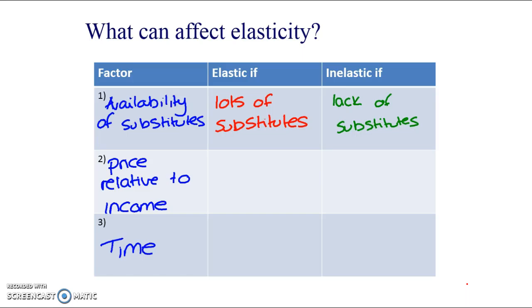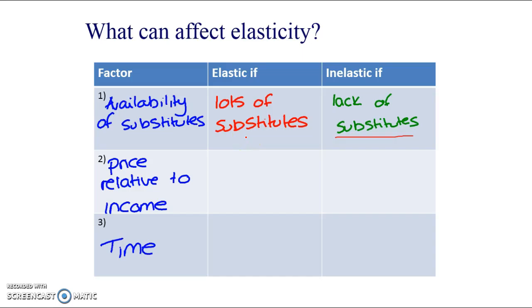Remember, demand is downward sloping because of the income and the substitution effect. So if the price goes up, yes, some people are less likely to afford it, but also some people might switch to another substitute product. If there aren't those substitute products around, quantity demanded won't fall by that much.